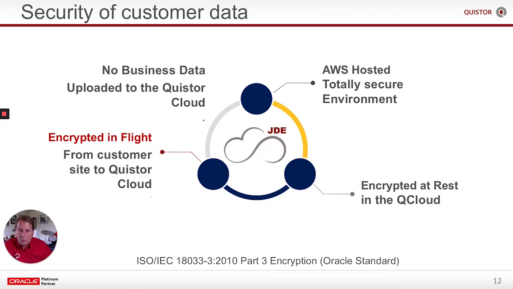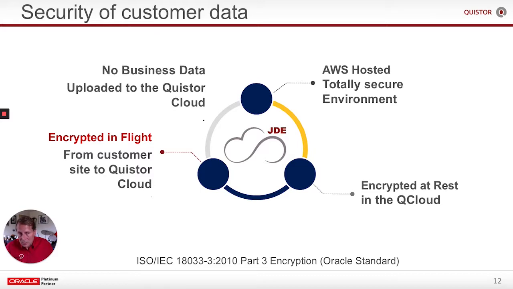So just to reassert what I was saying about ISO 18033 Part 3 encryption, it is very important for people to know that their data, wherever it might be, is safe and secure. So when we are transmitting anything out of your system up into the Crystal Cloud, it is encrypted using 18033, and when it is in the cloud, it is also encrypted at rest using 18033.